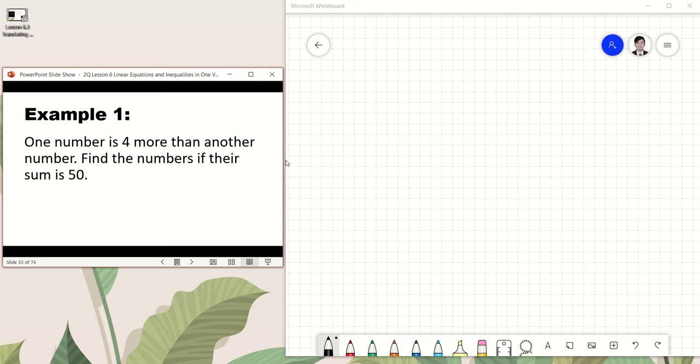So to be able to solve this in an organized manner, you will be needing to use RESCA. So ano yung meaning ng ating RESCA? Yung R natin, meaning representation.